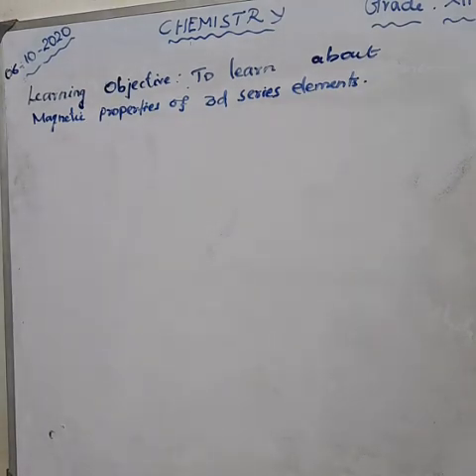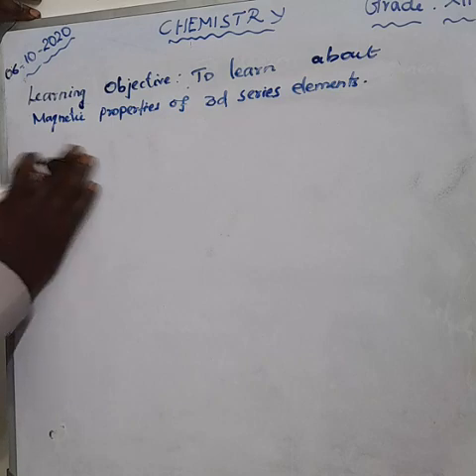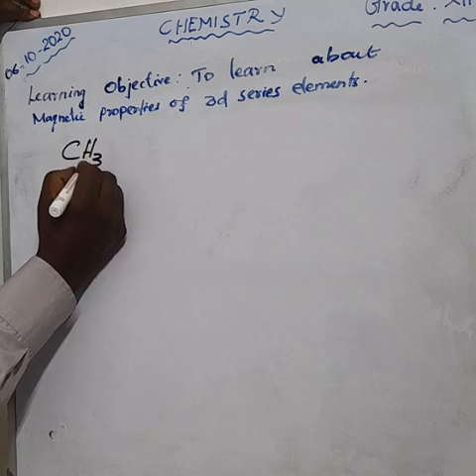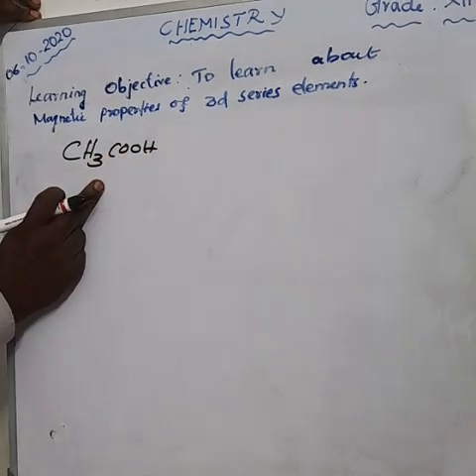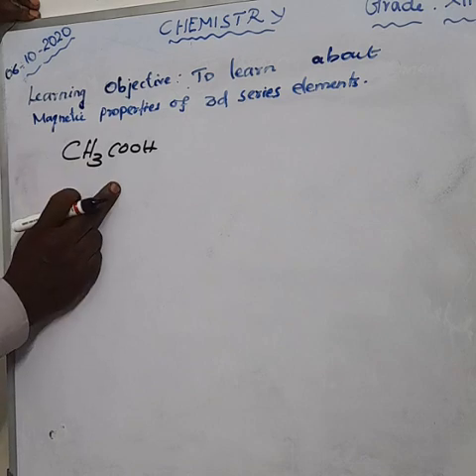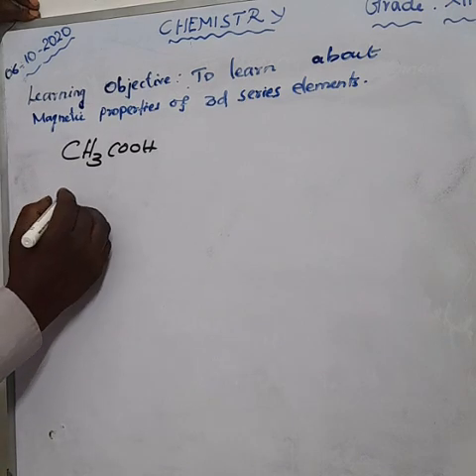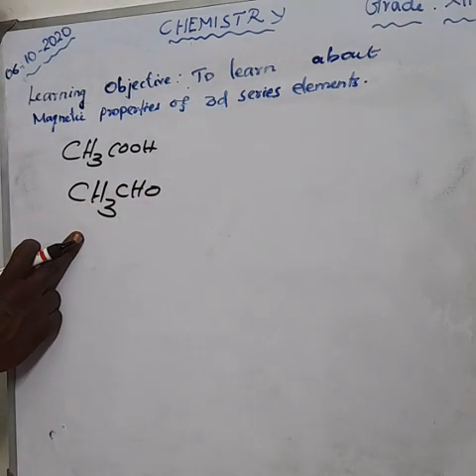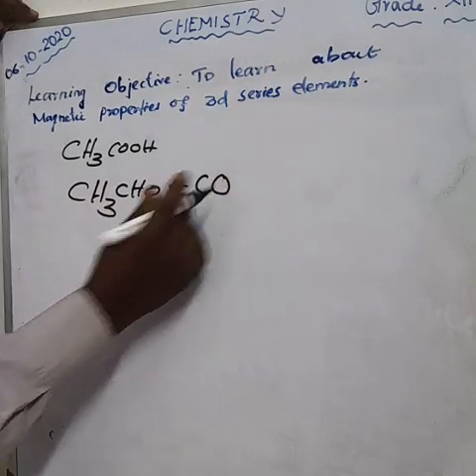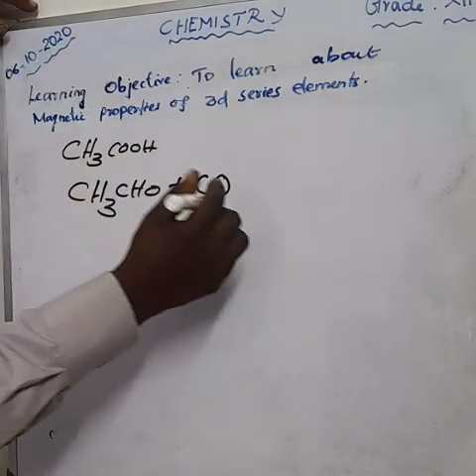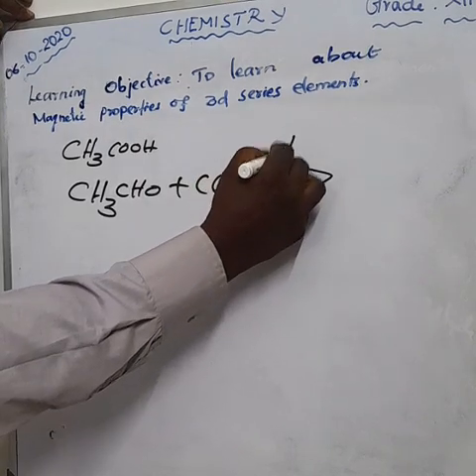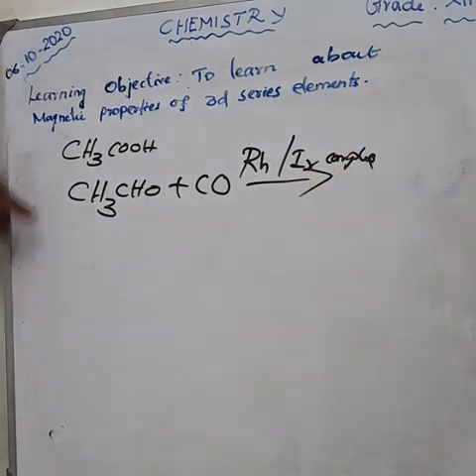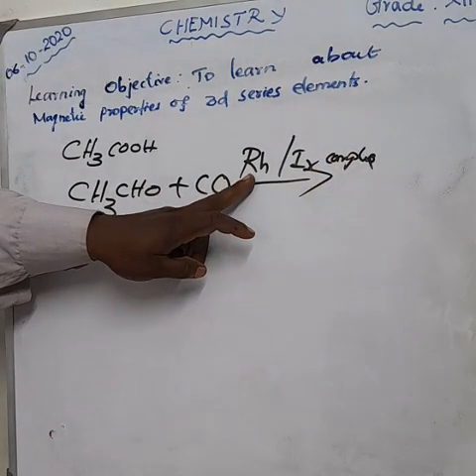The next one is preparation of acetic acid from acetaldehyde. The formula for acetic acid is CH3COOH. It is prepared from acetaldehyde, CH3CHO. This reacts with carbon monoxide in the presence of a rhodium or iridium complex catalyst.